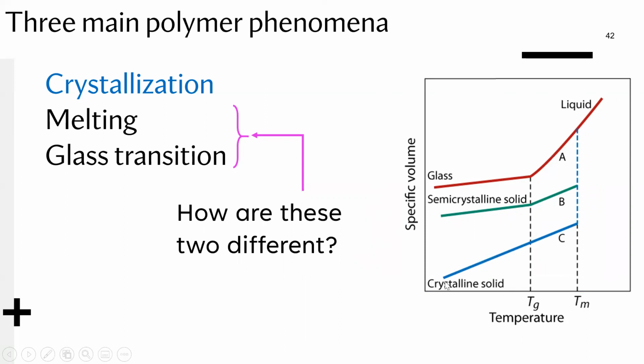What you see here is that as we increase the temperature, the material has a decrease in density or an increase in specific volume. So again, the specific volume here is 1 over density. So when it increases, you know that the density is actually decreasing.